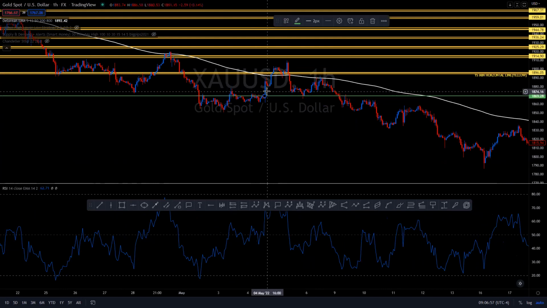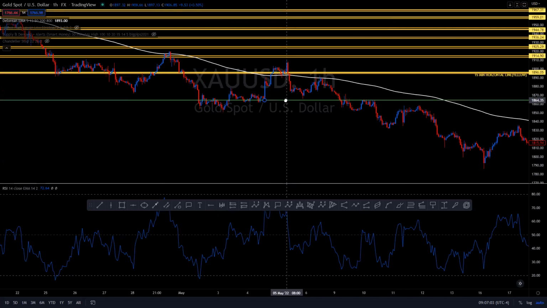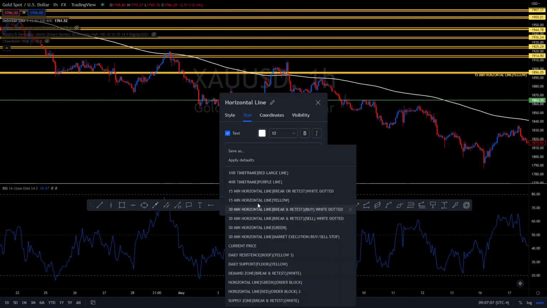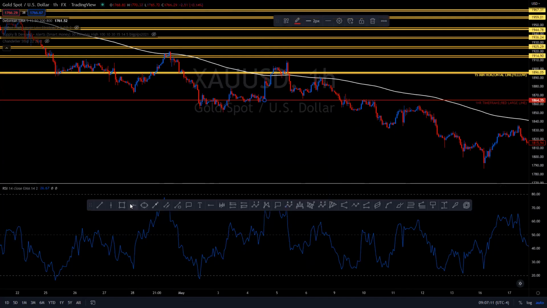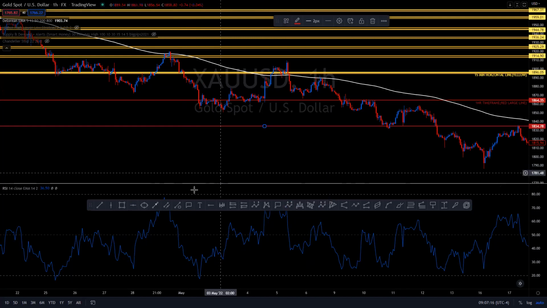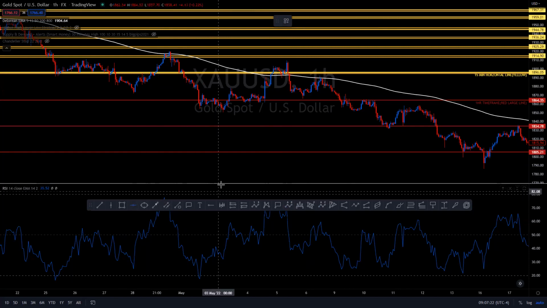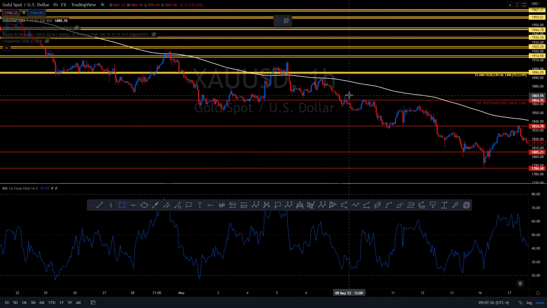This is a good key level here. Actually, here might even be better. Yep. Make this red. I'm going to mark these areas.